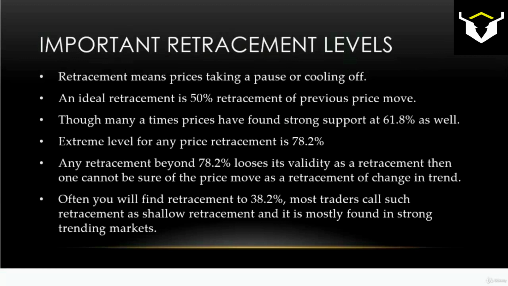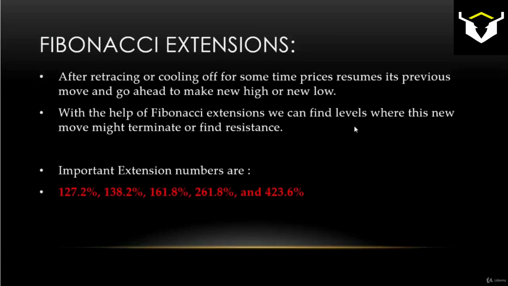Now that we have learned about retracements, what the important retracement levels are, and how occasionally prices find support on these retracement levels and change their direction or resume the previous trend, let's go ahead and learn about Fibonacci extensions. After retracing or cooling off for some time, prices resume their previous move and go ahead to make a new high or new low.